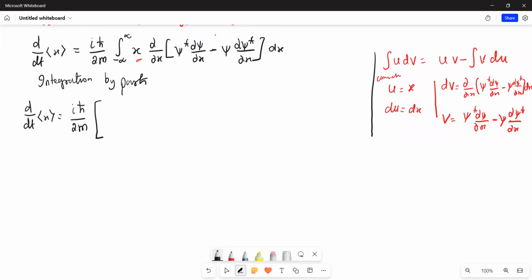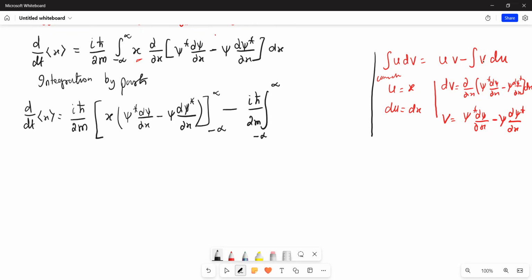u is x, and v is this bracketed term: psi star dou psi by dou x minus psi dou psi star by dou x, and the limit is there, no? So you use minus infinity to plus infinity, and this minus as per this formula you use here, and this constant term also you can utilize one more time, i h cross by 2m, and then the integral over minus infinity to plus infinity of v du.